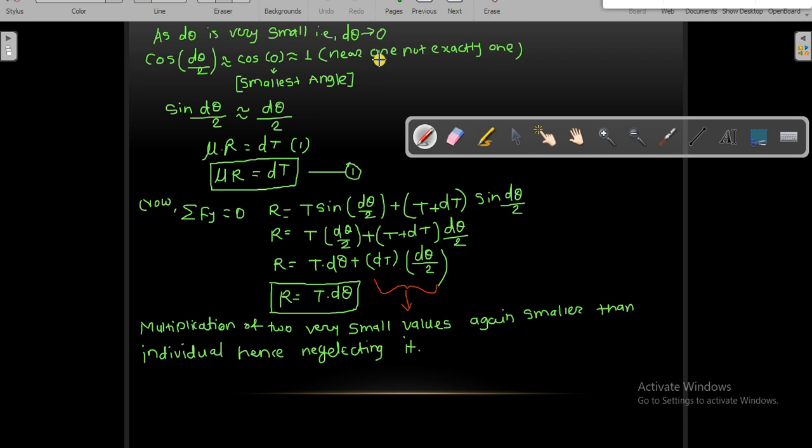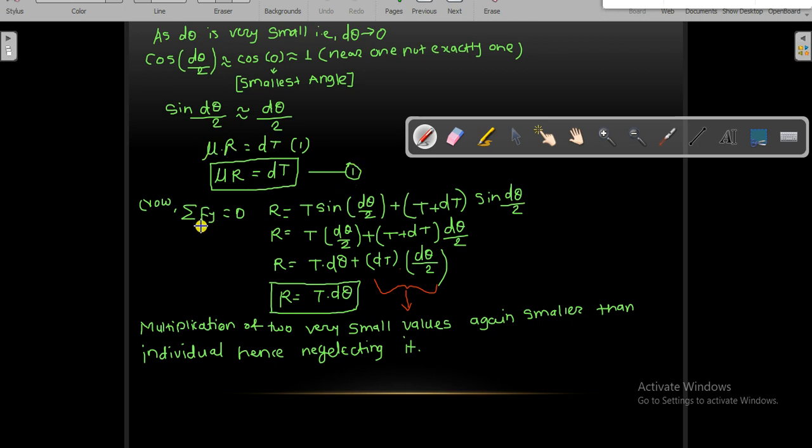So we will consider it equal to or near to 1, not exactly 1 but very close to 1, and we will put that value of cos d theta by 2 equal to 1 in our previous equation which we got from summation F of x equal to 0. Here we are getting the equation mu R is equal to dT, let us say equation 1.